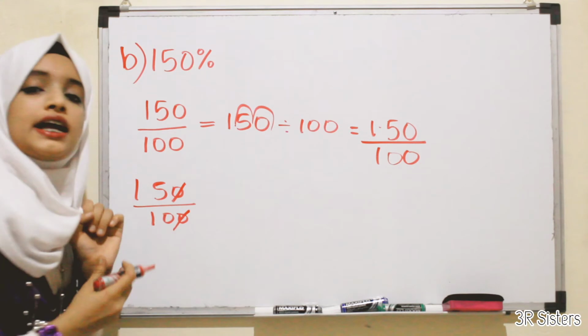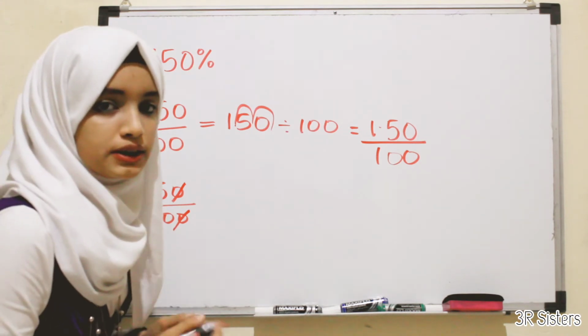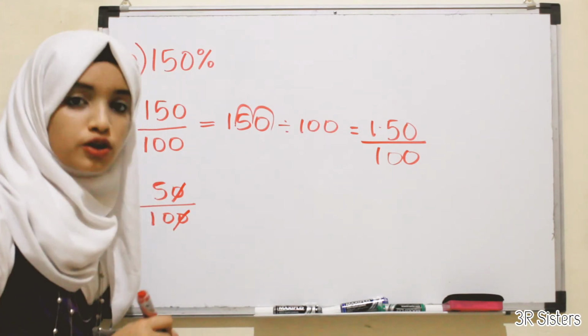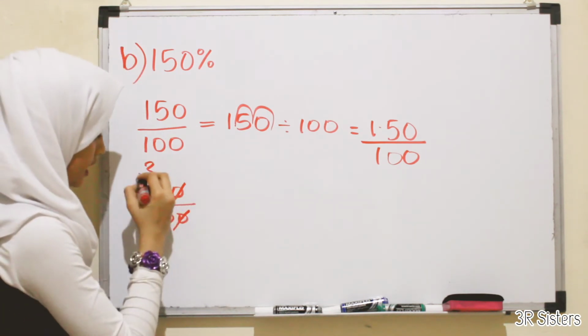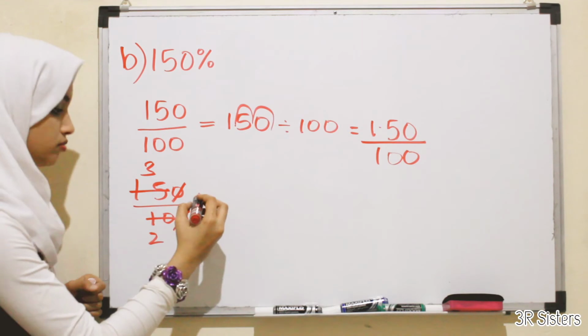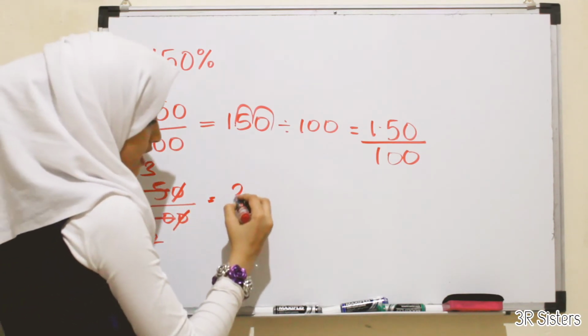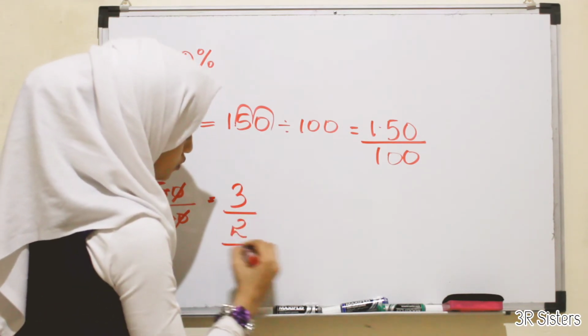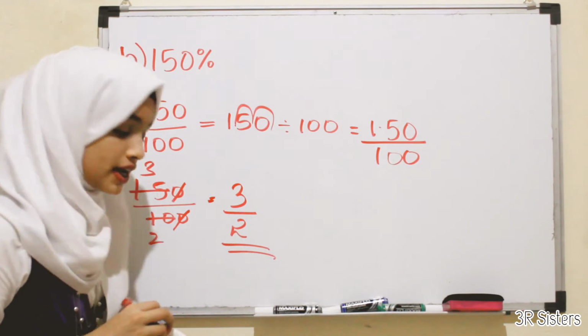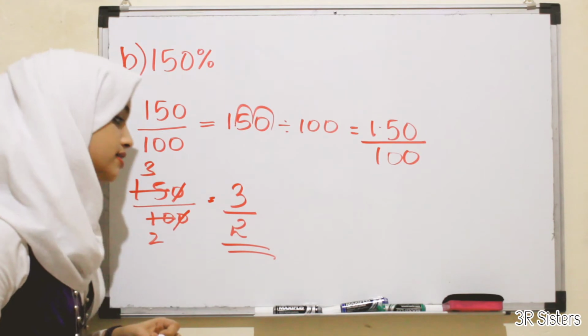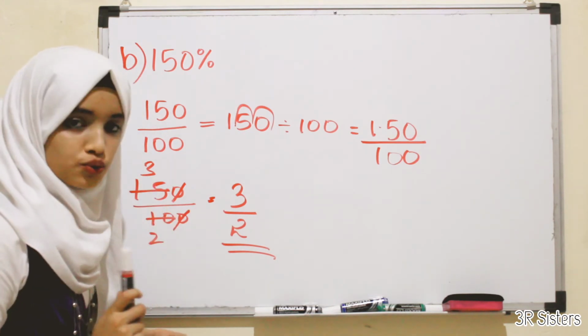Now 15 and 10, will it go in any of the multiples? Yes, it will go in multiples of 5. So this will become 3 and this will become 2. Now the answer we get is 3 by 2. So 150 by 100 in its simplest form is 3 by 2.